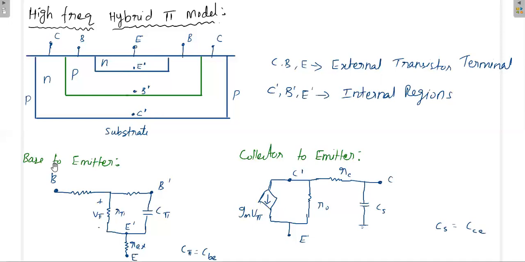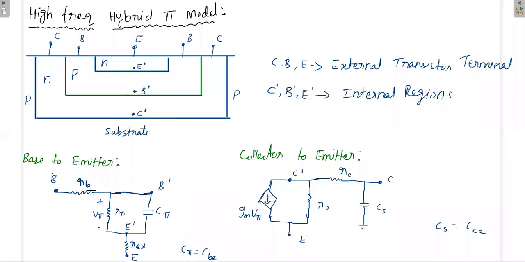If you consider the base to emitter region, that is generally forward biased. When it is forward biased it forms a resistance between the external base and the internal base, B dash. That resistance is RB, the base spreading resistance, R subscript B, and already R pi will be there between base and emitter.